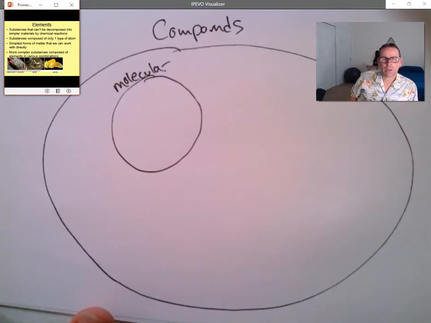The way that we can identify whether a compound is molecular is that it's made of non-metals. It's a combination of non-metals.